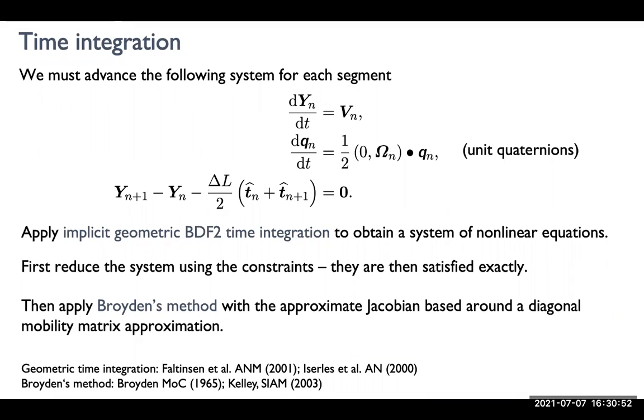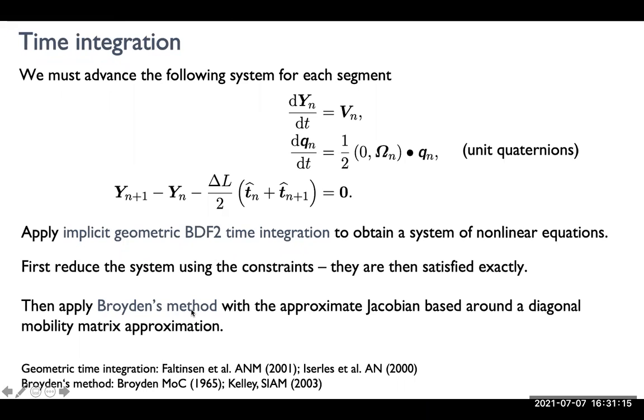But when you apply the BDF scheme to the system of equations, what you get in the end is a system of nonlinear equations that we can first treat by substituting the constraints into the updates. So that allows us to satisfy the constraints exactly, at the same time reducing the size of our system.